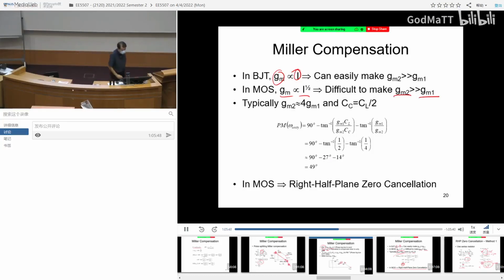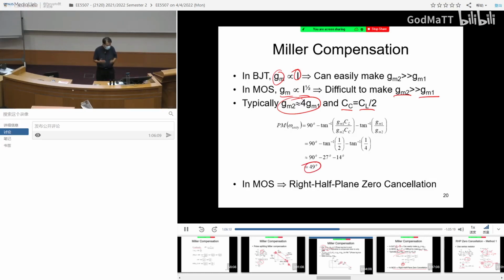Okay? So in reality, usually you limit the GM difference to be about 1 to 4. So you pick GM2 to be 4 times bigger than GM1. And the CC, you make it to be about half of the load capacitance. And then you go through the calculation, you find that it gives you a phase margin of 49 degrees. Of course, you can play around.